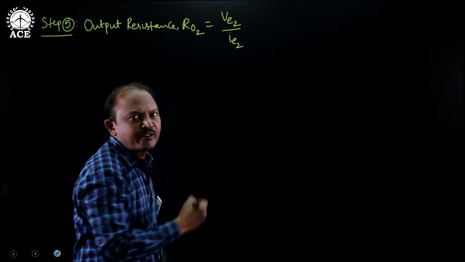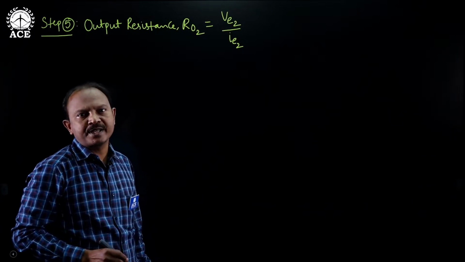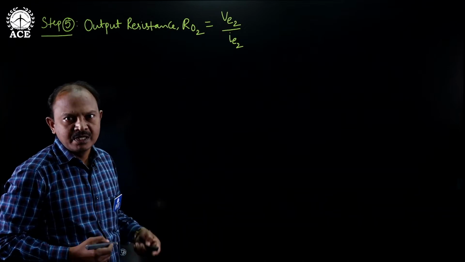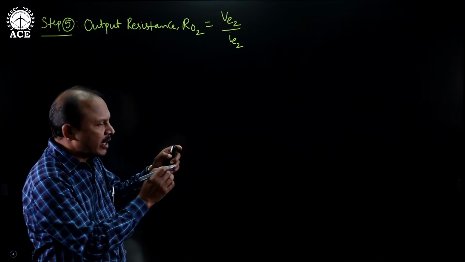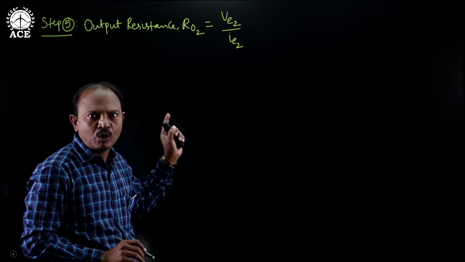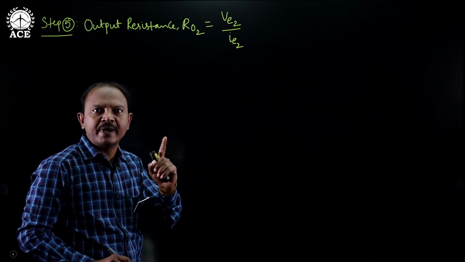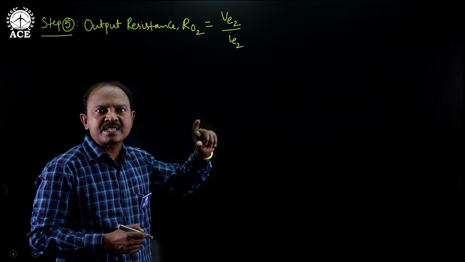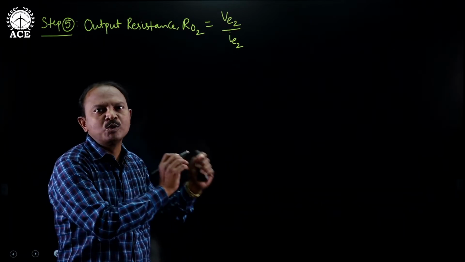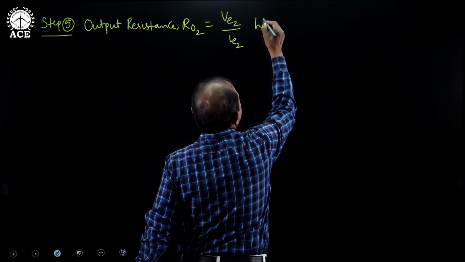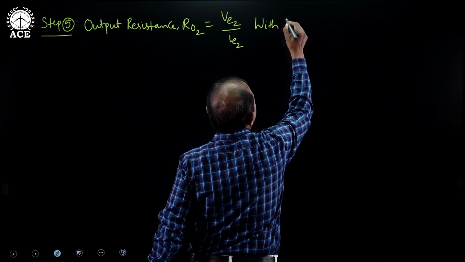But whenever we estimate output resistance in any electronic circuit, there are two very important conditions we are supposed to implement. The two conditions are, to avoid the loading effect, we have to remove the load from the circuit while estimating output resistance. The first most important work which we are supposed to do is, to avoid loading effect caused by the externally connected load, we have to remove the load. So load must be open. First rule, with load open.